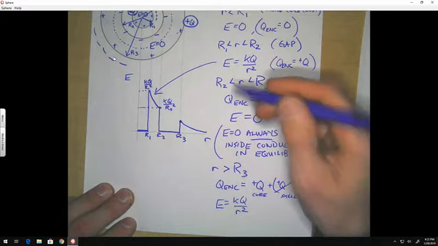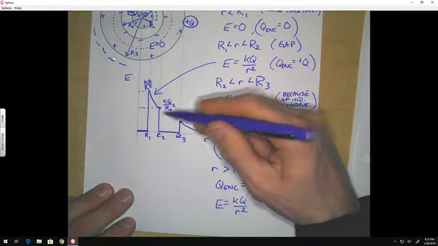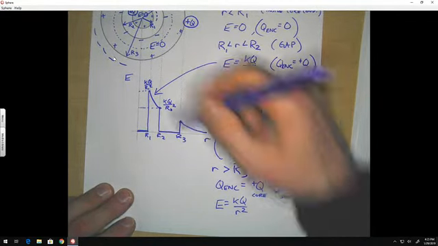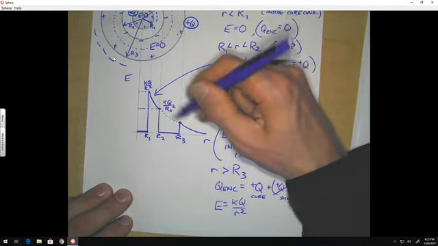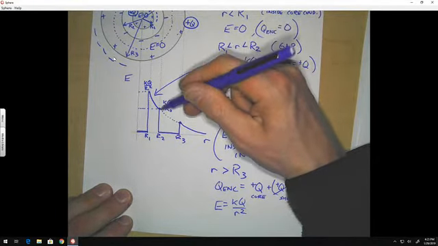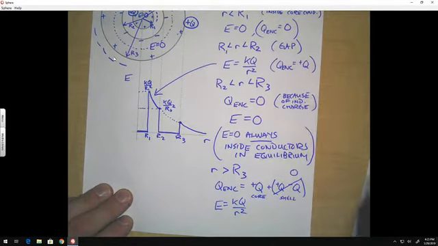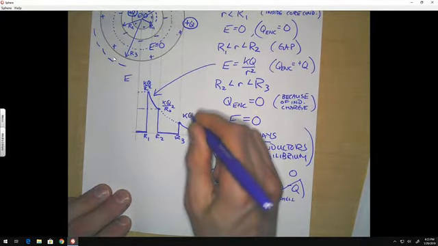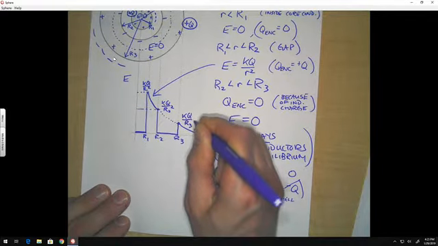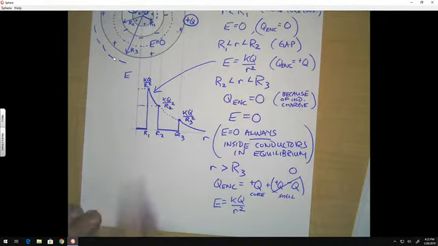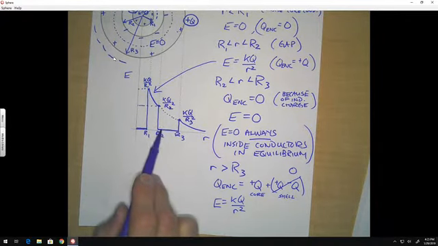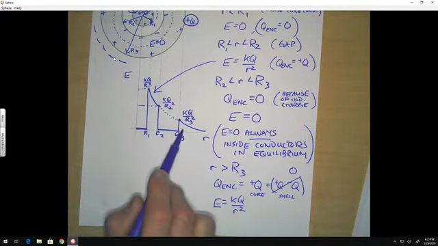It's kind of interesting. It's like the electric field, there's a gap that's cut out of it, and the field will kind of continue here wherever it would have left off if there wasn't a gap there. So my value here would be KQ over R3 squared. So this looks like a smile with some teeth missing, right?